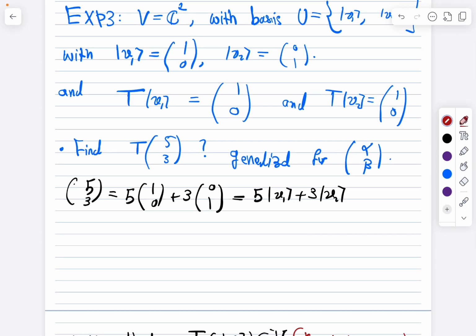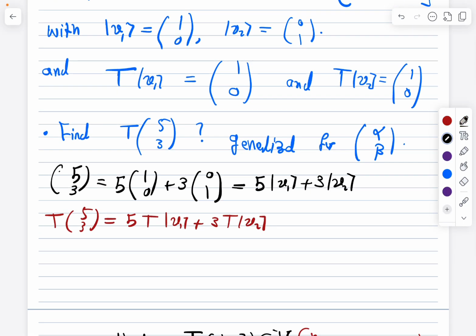Now, if we apply T to 5, 3, it can be written as 5 times T applied on v1, plus 3 times T applied on v2. But it's already given what the values of T at v1 and T at v2 are, so I'll just replace these by the given values.